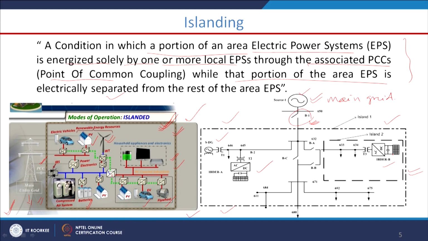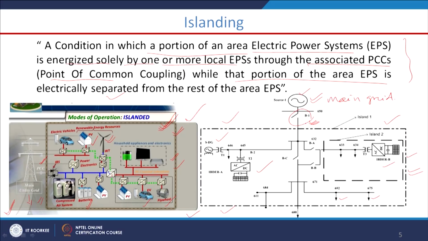Of course we can add the wind system also, and loads. Now together this solar, wind, battery or synchronous based DGs, and loads constitute the microgrid system, and this total microgrid system is connected to the main grid with the help of this circuit breaker B1.